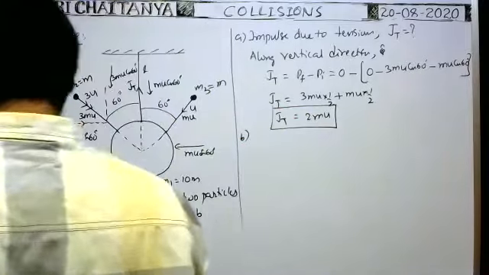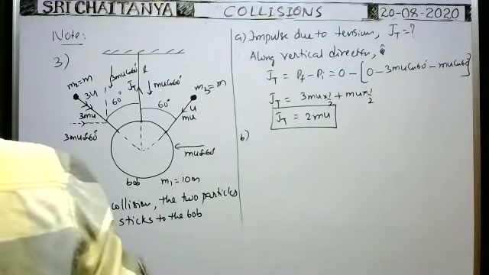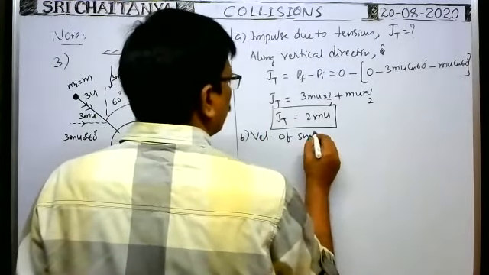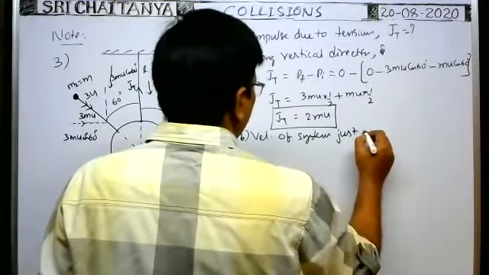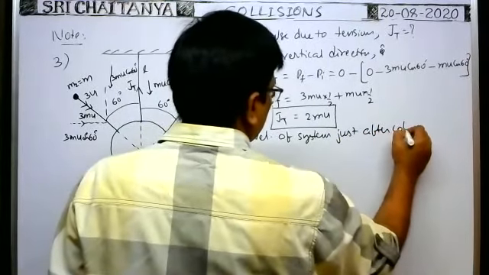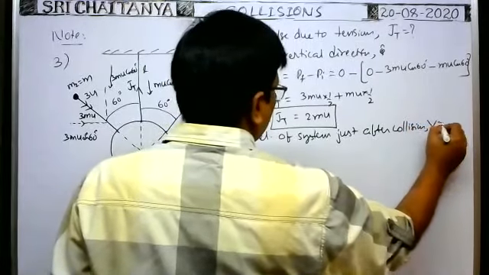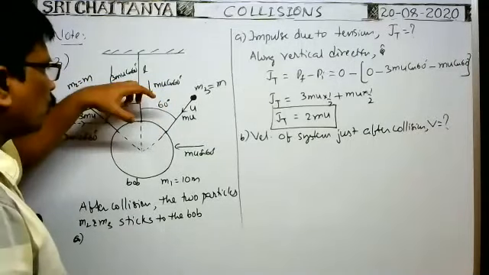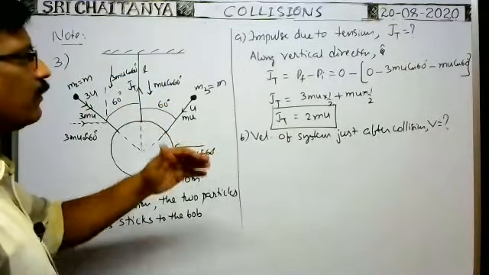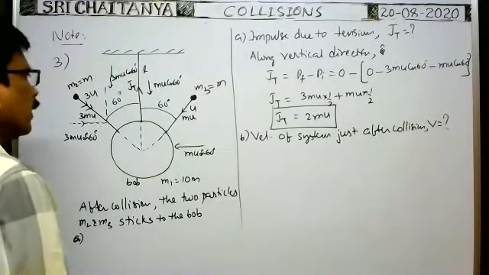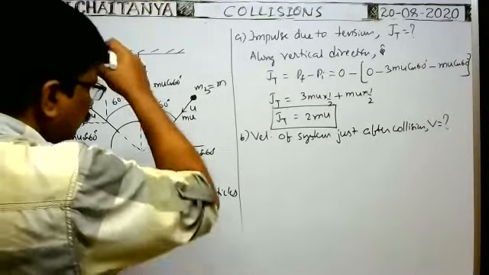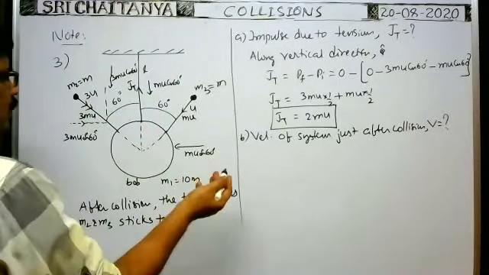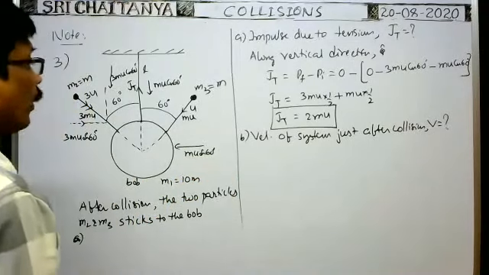Part B. Velocity of the system just after collision. So whenever the two particles after making collision with the sphere, the two particles stick together. At that time, what is the velocity of the system just after collision? You see, along horizontal direction, as no force acts on the sphere, no external force acts on the system.